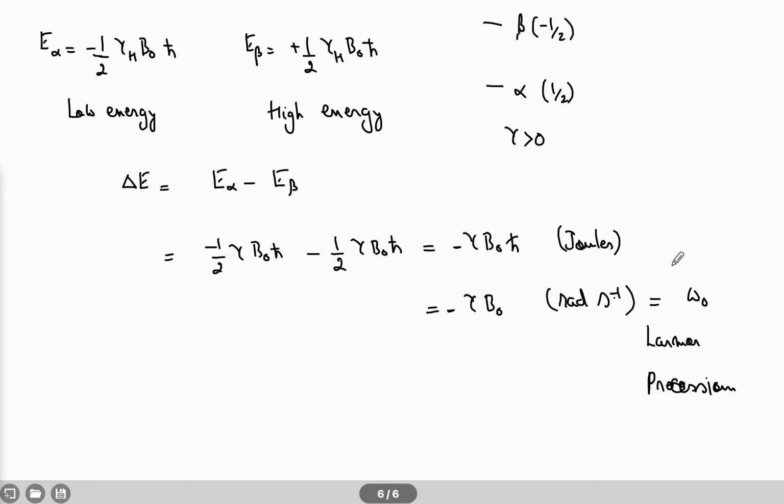So that means the precessional frequency of the spins in presence of magnetic field will be equal to the Zeeman splitting energy difference. If you talk in terms of frequency units, this frequency will be the same as the precessional frequency. This has a lot of importance when we later learn the resonance phenomena. So this difference is nothing but the Larmor precession.